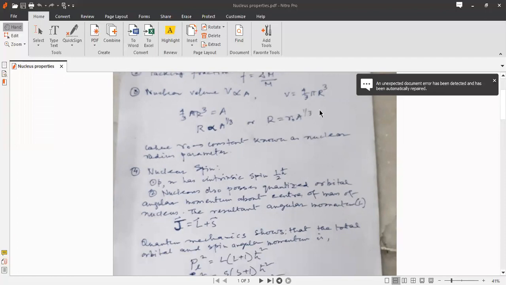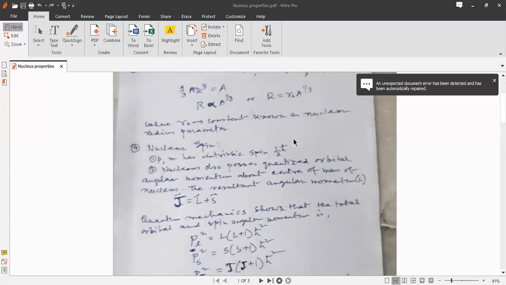radius of the nucleus. Or from this expression, if you are given the radii of two nuclei, considering R0 to be the same for all nuclei, you can find the ratio of the mass numbers, or if the mass numbers are given, you can find the ratio of the radii of the two nuclei, and if one radius is known, we can find the radius of the other.